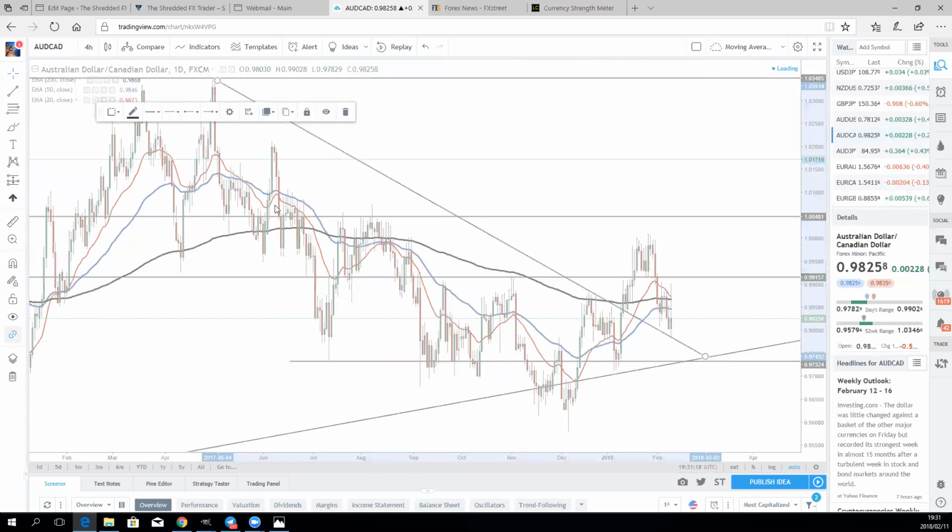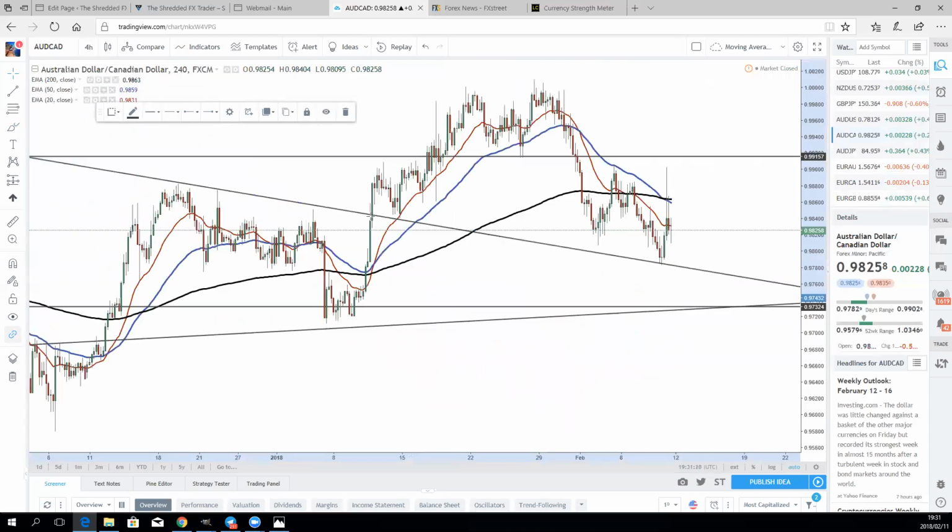Look on the 4 hour time frame. You can see we're sort of just consolidating a bit here, and then we'd expect a close above this level here to go long.